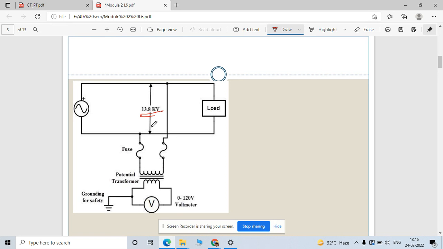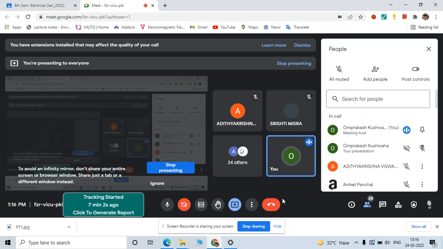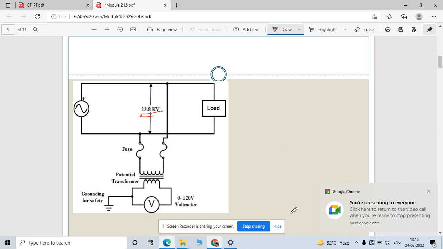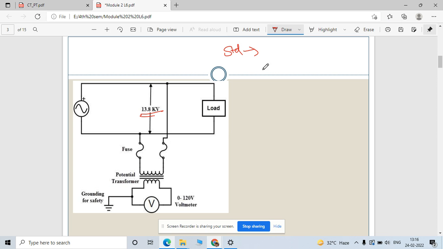So generally, the primary voltage is very high, and the secondary we set for our meter's convenience. According to the design of your meter, you need to set the number of turns here. In standard format, the potential transformer rating for the secondary winding is around 100 volt to 120 volt, but most of the time we set 110 volt.